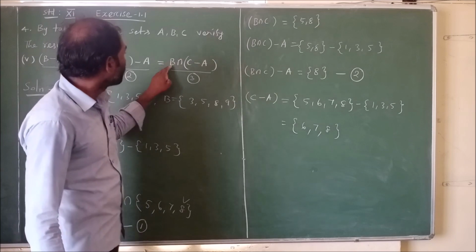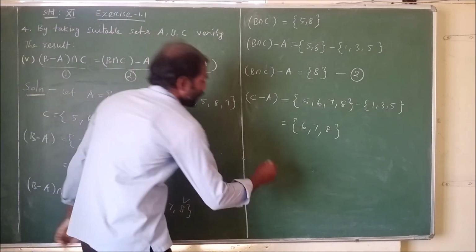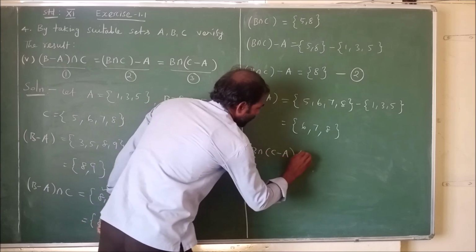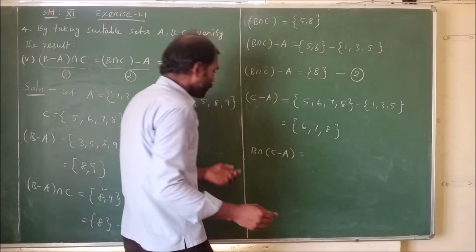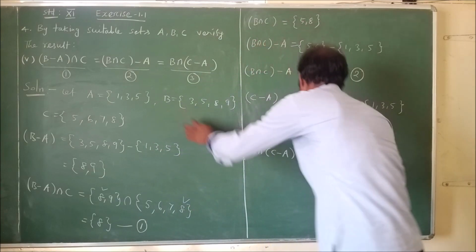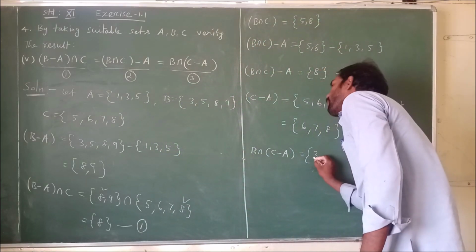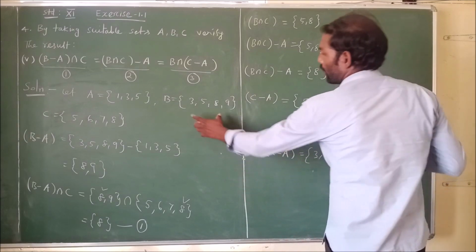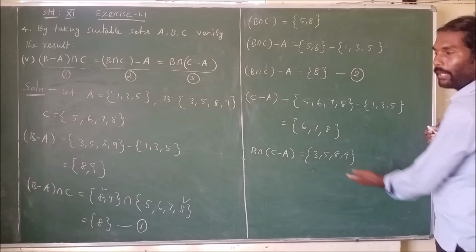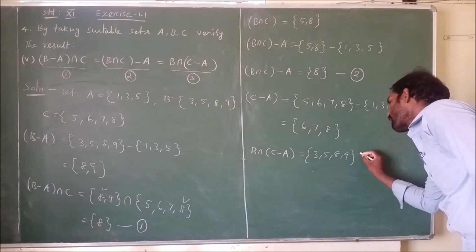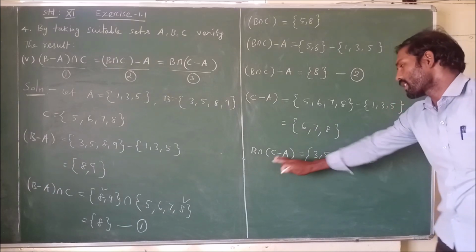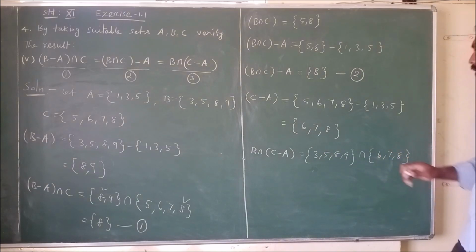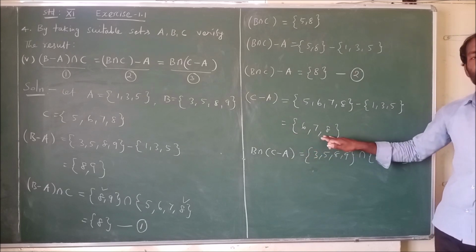And then B intersection C minus A. We find B intersection C minus A, where the elements of B are 3, 5, 8, 9, intersection the elements of C minus A, which are 6, 7, 8.